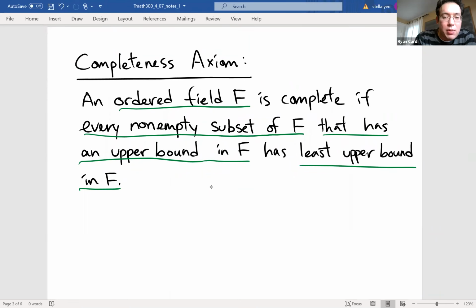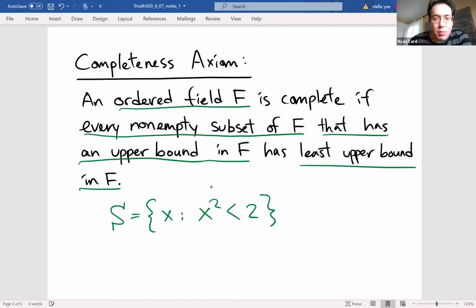Let's say we have a set S. Let's say X is a number such that X squared is less than 2. I want you to imagine this set.